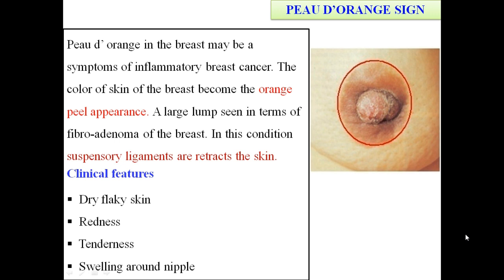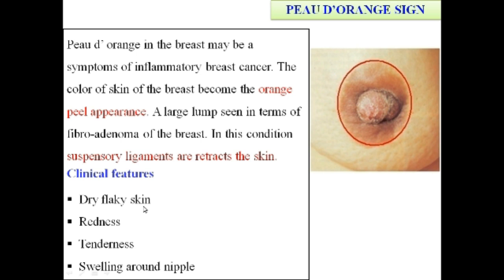Peau d'orange sign. The peau d'orange appearance in the breast may be a symptom of inflammatory breast cancer. The color of the skin of the breast becomes like orange peel, and you can see here around the nipple the orange peel appearance, with the suspensory ligaments retracting the skin.